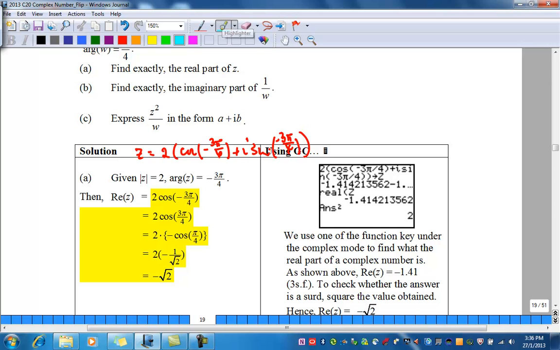The question is asking us for the real part of z. So the real part comes from this portion, which is 2 cos minus 3 pi over 4.